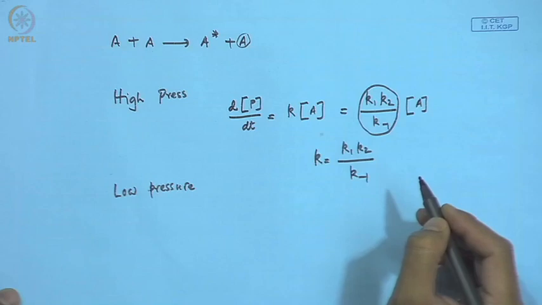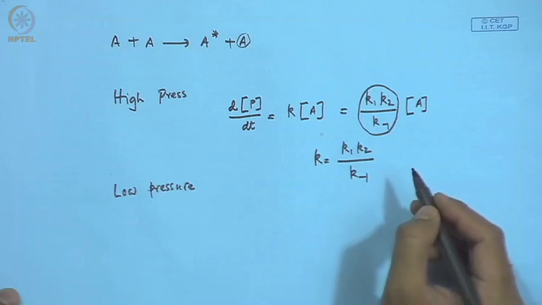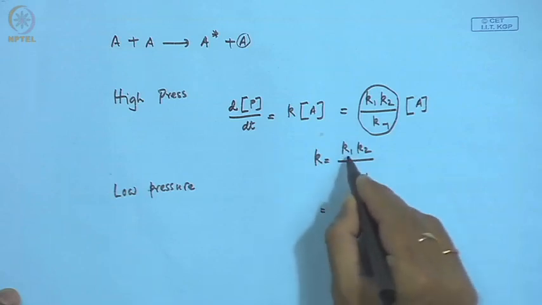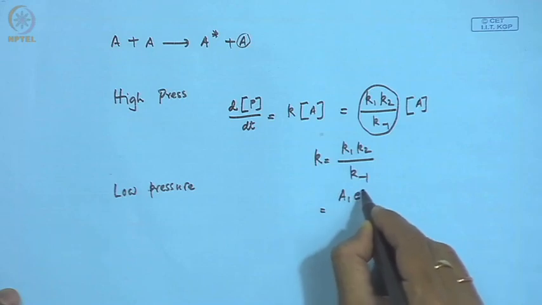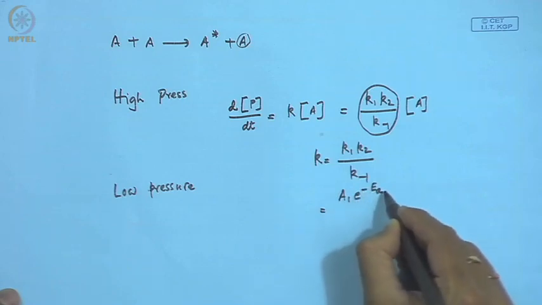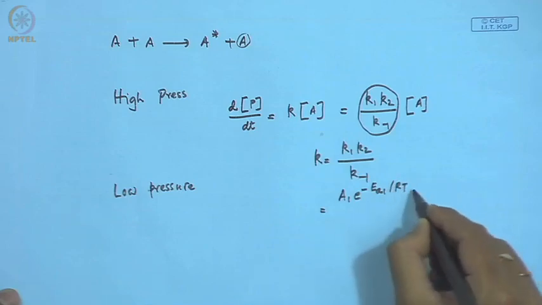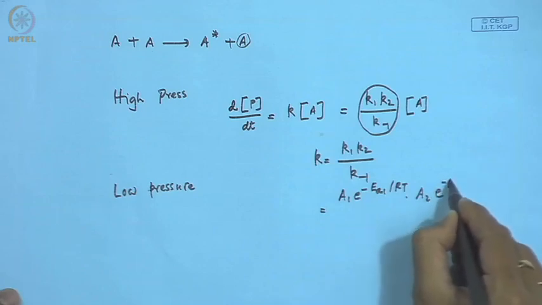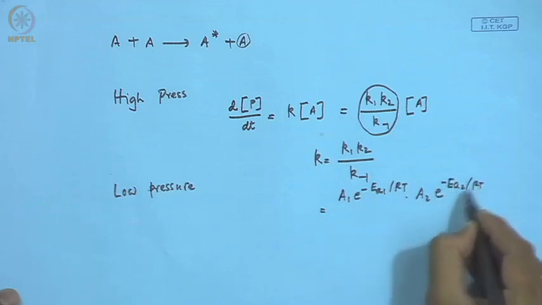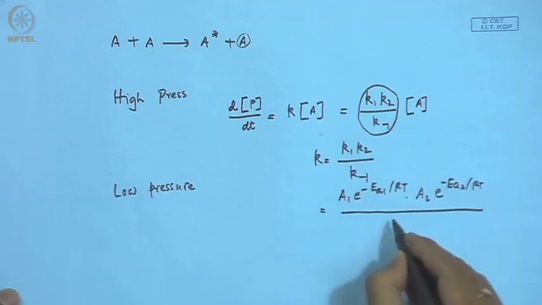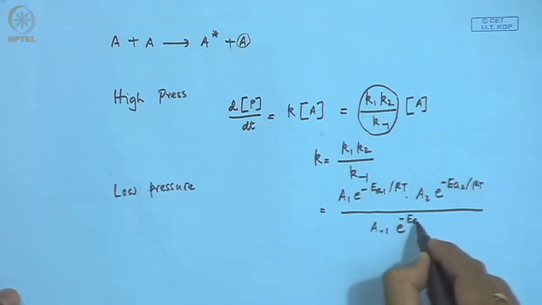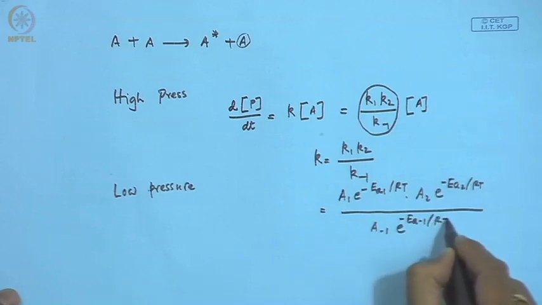Okay. If you recall the Arrhenius equation, and plug in the corresponding Arrhenius expression here, then for K1 you can write A1 e to the power minus EA1 by RT, into A2 e to the power minus EA2 by RT, divided by A minus 1, the pre-exponential term for the back reaction, e to the power minus EA minus 1 by RT.